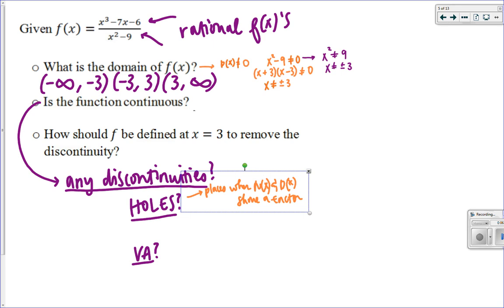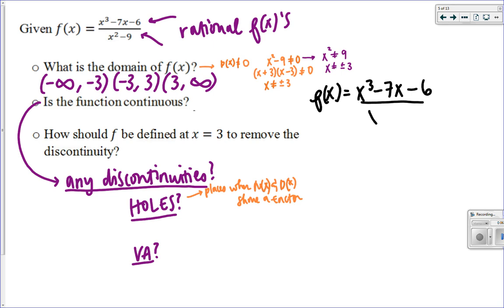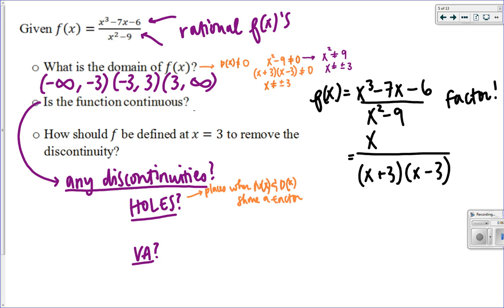Okay, holes are going to be places where the numerator and denominator share a factor, which means I have to take this function, f of x is equal to x cubed minus 7x minus 6 over x squared minus 9, and I want to factor it. Well, I factor the bottom really easily, right? x plus 3, x minus 3. However, the top is not quite as nice. x cubed minus 7x minus 6.